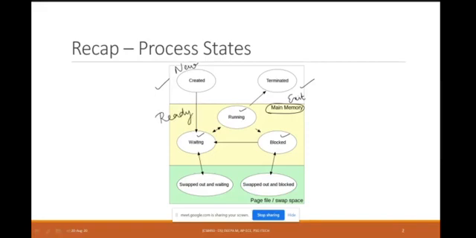Here we have different states for waiting and blocked. Again here we have swapped out and ready state. This is your blocked or waiting state. So these are the different process states that we saw.